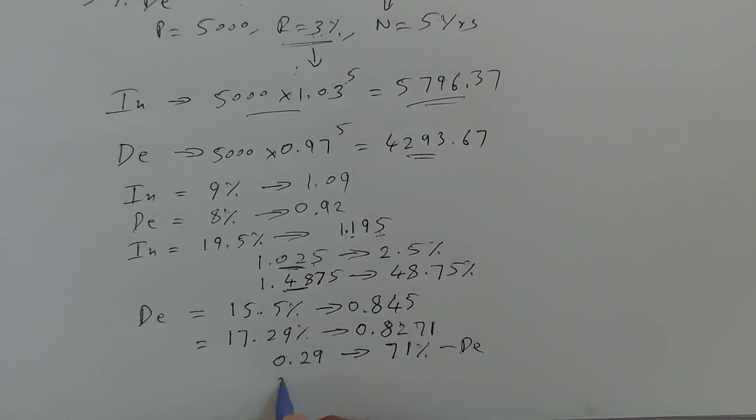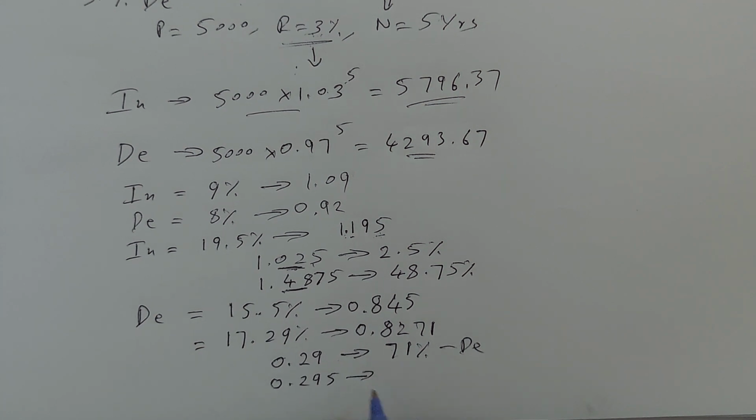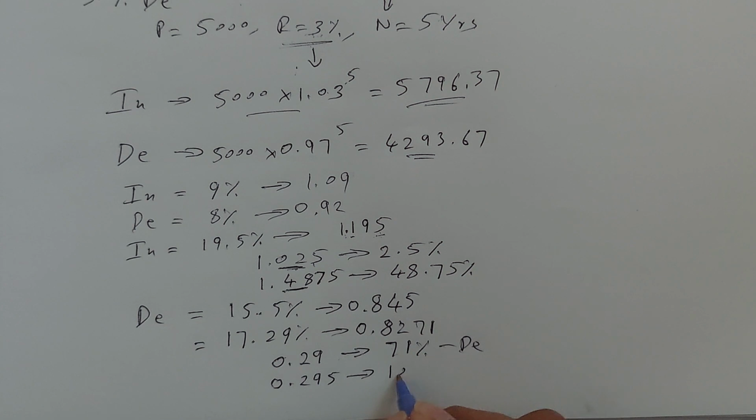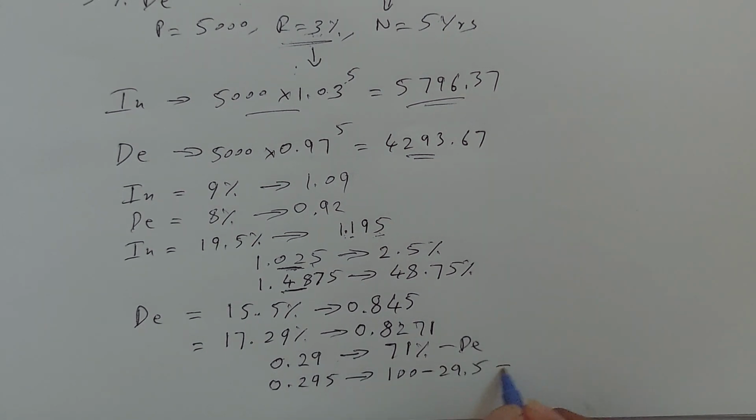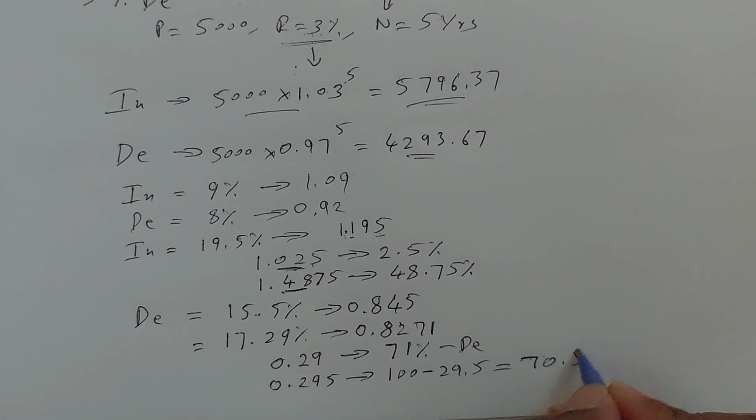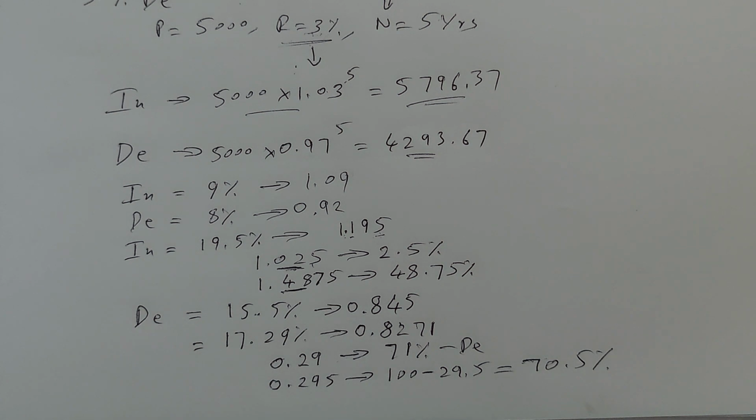Like if I write down 0.295, now in our mind it should be 100 minus 29.5. That's the exact logic. If you do 100 take away 29.5, the answer will be 70.5.